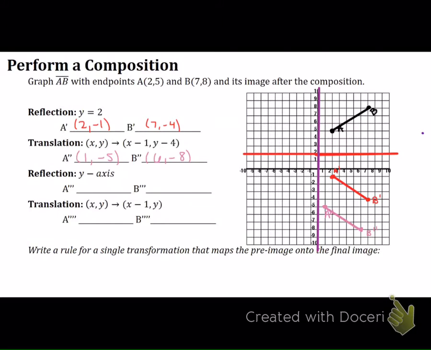Jill, where would A end up from the pink one here? Where would A end up if we're reflecting over the Y? -1, -5. Good. Olivia, where would B end up? -6, -8. Good.